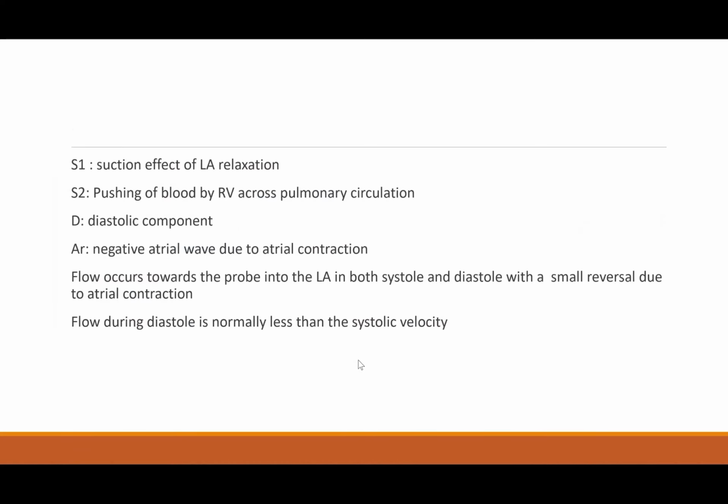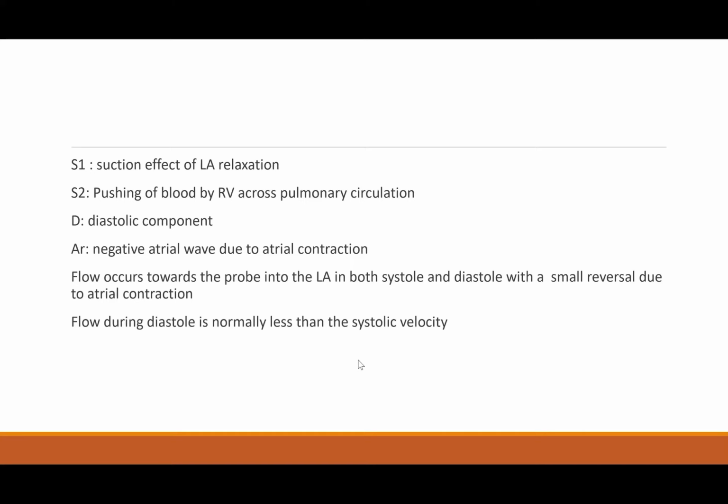S1 occurs due to the suction effect of left atrial relaxation, and S2 occurs due to the pushing of blood by the right ventricle across the pulmonary circulation during systole. So during systole, the right ventricle pumps the blood into the pulmonary circulation, and that is reflected as S2. D is the diastolic component, and AR is the negative atrial wave due to atrial contraction.